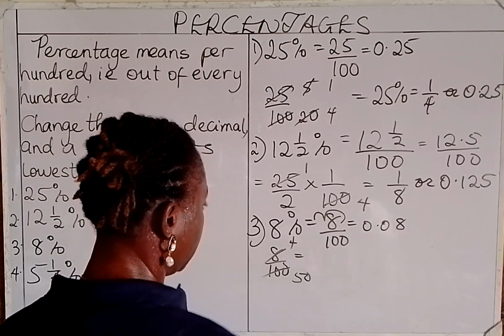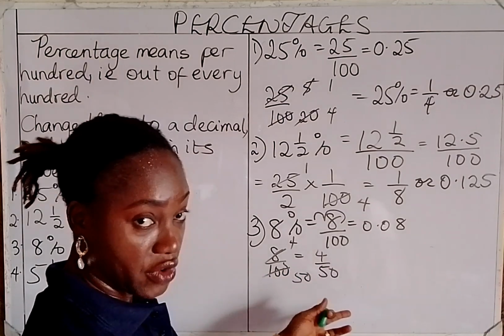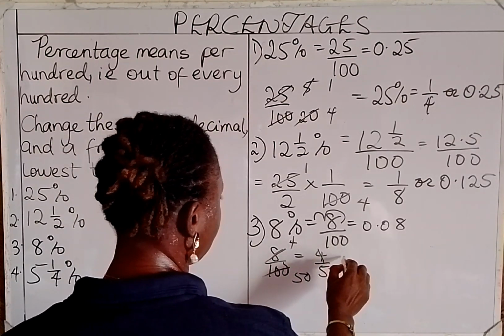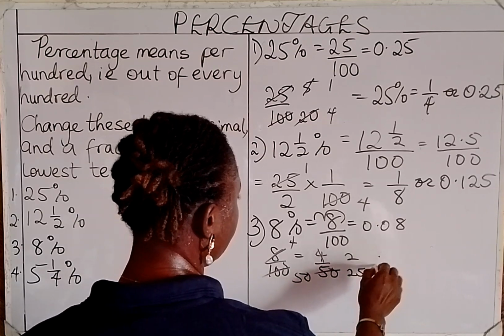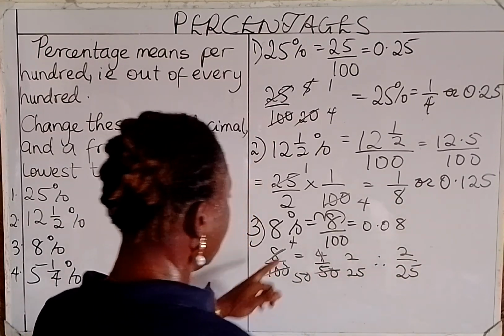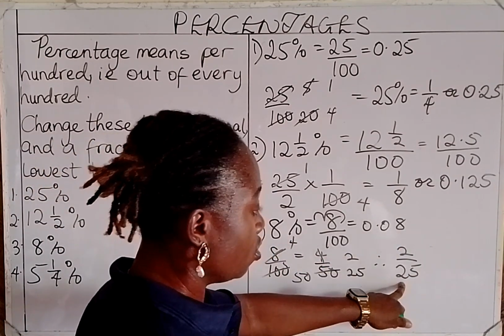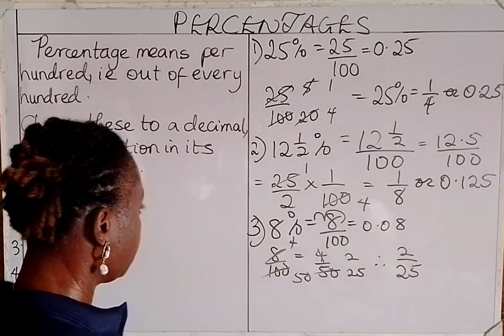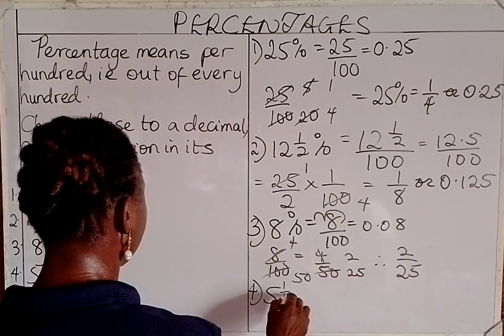Then we have what? 4 over 50. We can still reduce this fraction. 2 can go here to give us 2, and 50, 25. Therefore, we've reduced it to 2 over 25. So 8% can either be called what? 0.08 or 2/25.